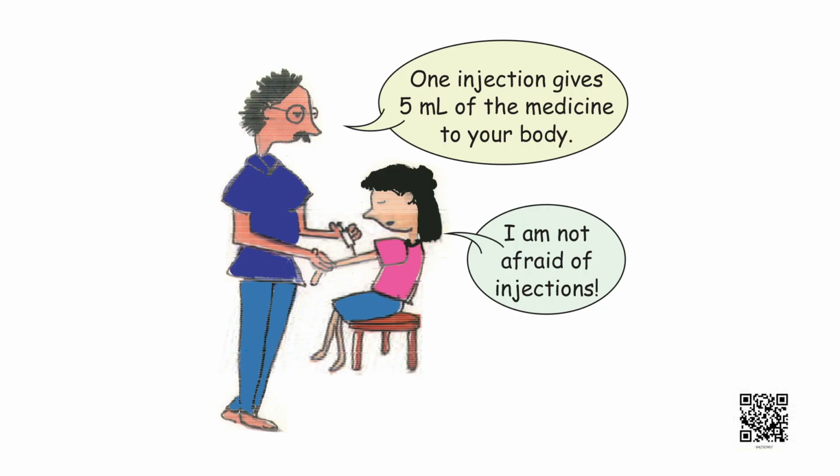Children, one of your friends Neetu has been admitted to hospital. The doctor advised Neetu to take 3 injections in a day for 5 days. Doctor said one injection gives 5 milliliters of the medicine to her body. How much medicine will she need for 1 day? How much medicine in all for 5 days?